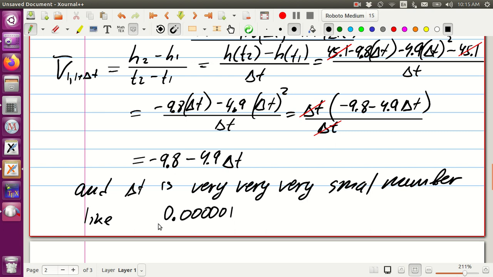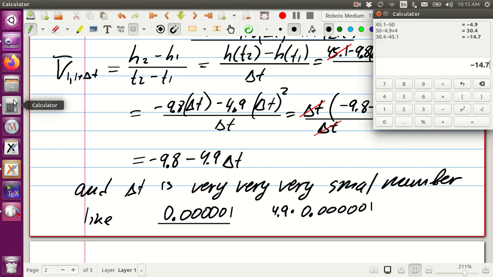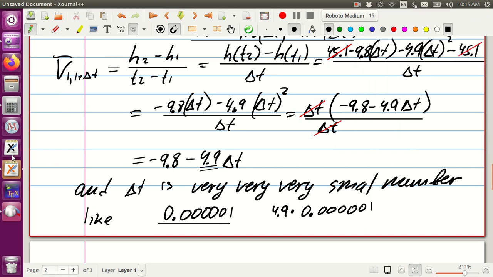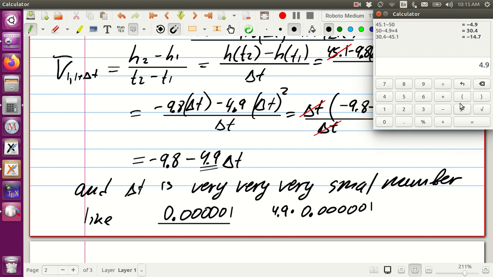But what happens if you take this very small number and multiply it by 4.9? So if you take 4.9, which is this number over here, and you multiply it by 0.000001, your number is tiny, right? Your number is tiny.